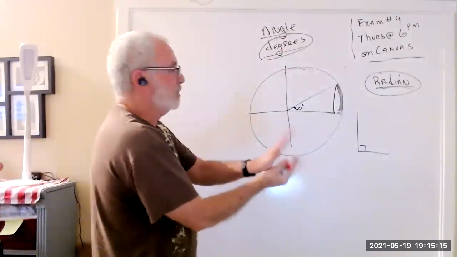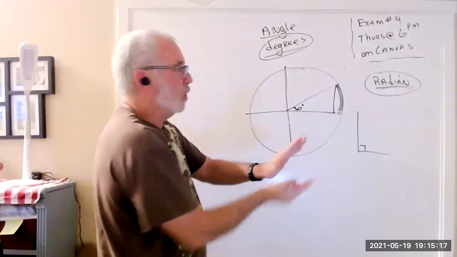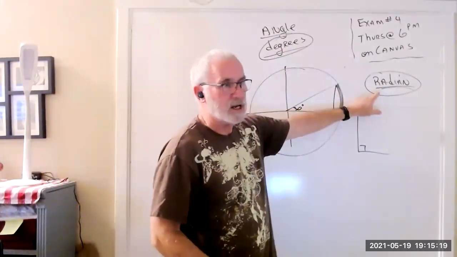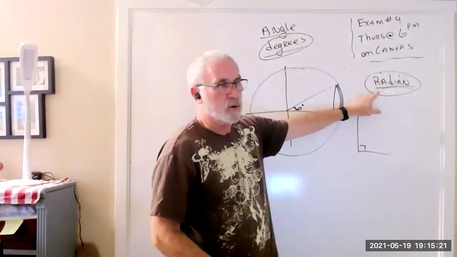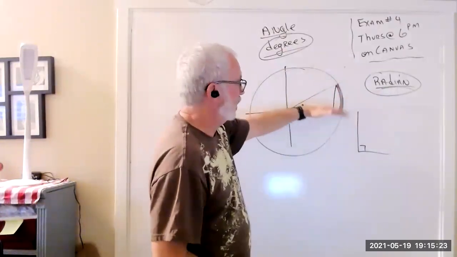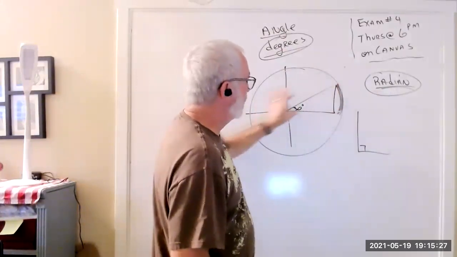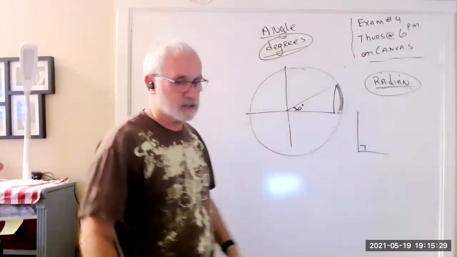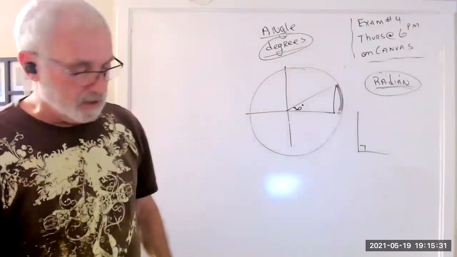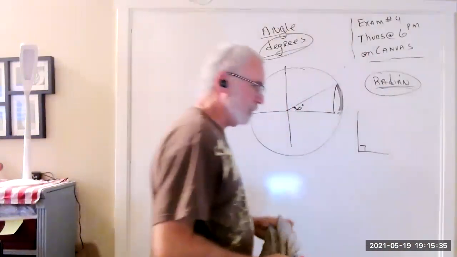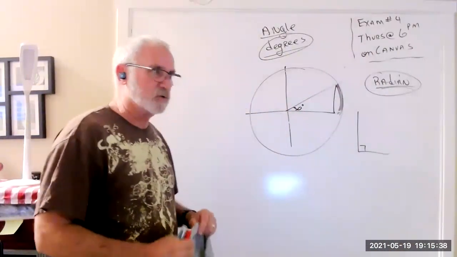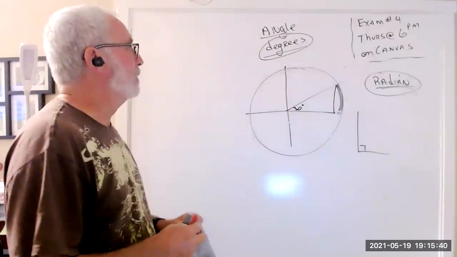You can describe it in degrees or you could describe it in radians. A radian is an arc length, a piece of the circumference somehow, and they both make angles. And that's enough. If you know half of what I was talking about, you'll do great at the beginning of trig. You really will.